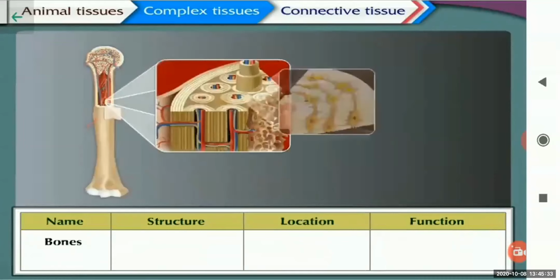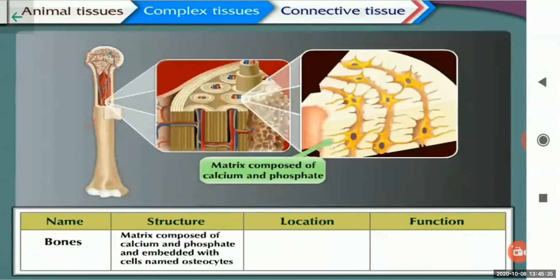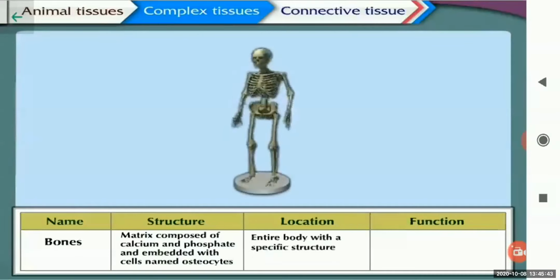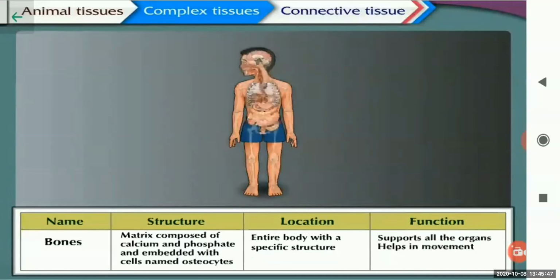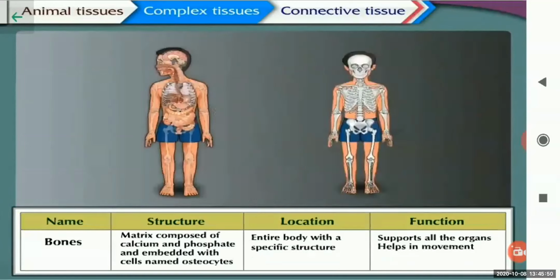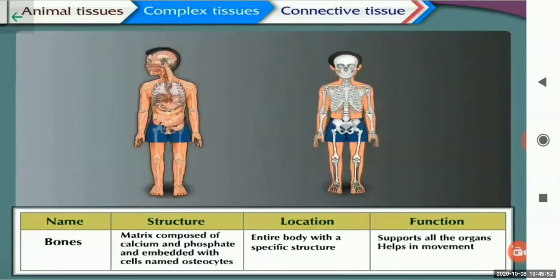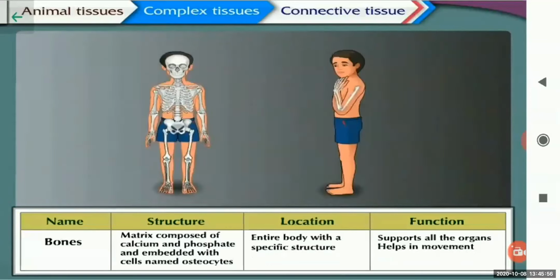This tissue is made up of a matrix composed of calcium phosphate, and there are cells called osteocytes embedded in them. Bones are present all over the body with a specific structure. Bones support all the organs and help in movement. Bones are strong but are non-flexible, hence they cannot be bent.